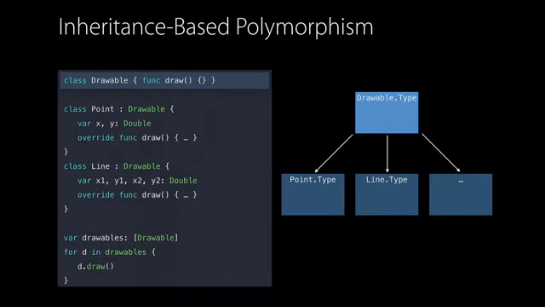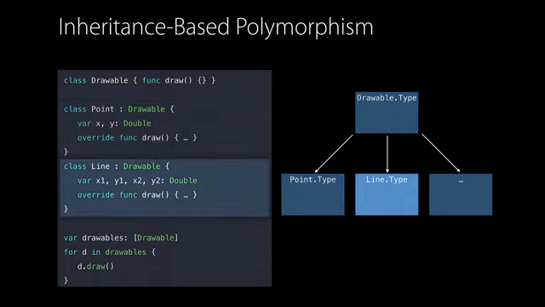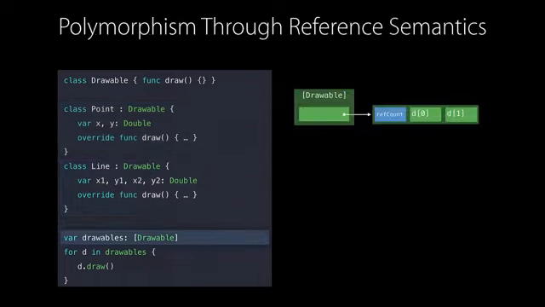Well, one of the reasons is it enables really powerful things like polymorphism. If we look at a traditional object-oriented program, here with a drawable abstract superclass, I could define a point subclass and a line subclass that override draw with their own custom implementation. And then I have a program that can polymorphically create an array of drawables, might contain lines, might contain points, and it can call draw on each of them.